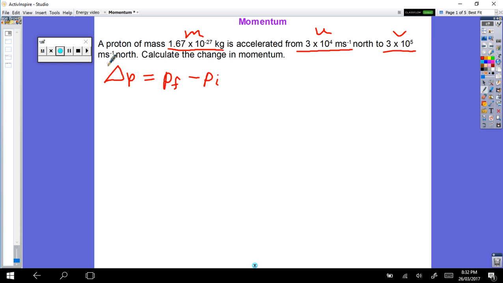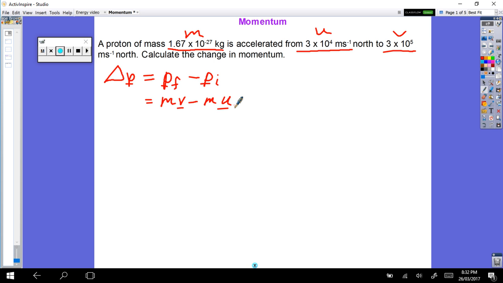So we've got final momentum minus initial momentum, and these are vectors, and that's going to be equal to mass times the final velocity minus mass times the initial velocity. I put little underlines under the vectors to indicate that they're vectors.